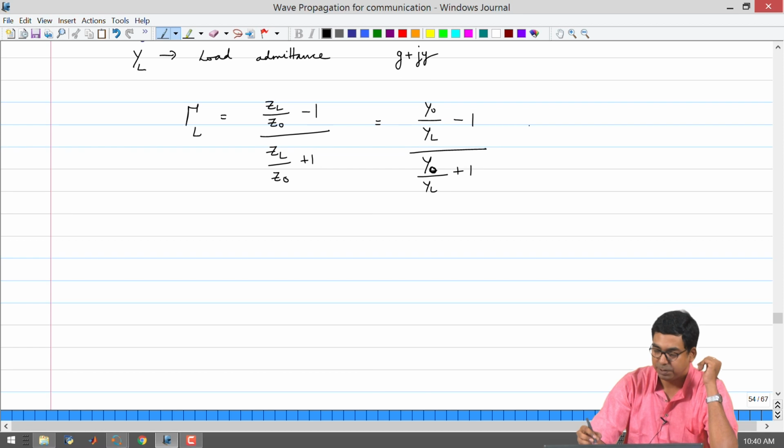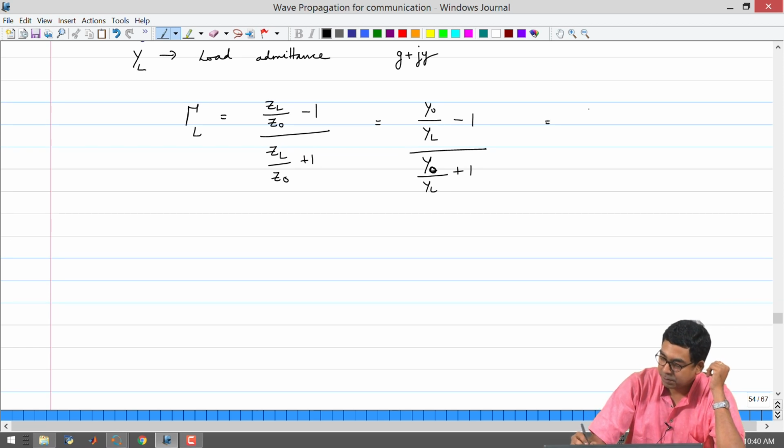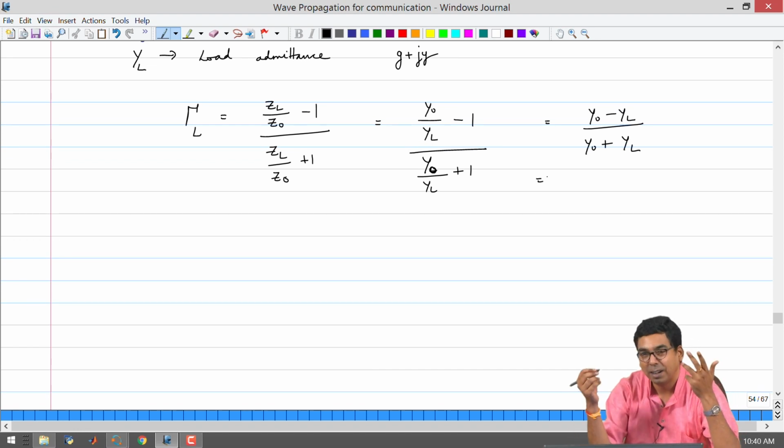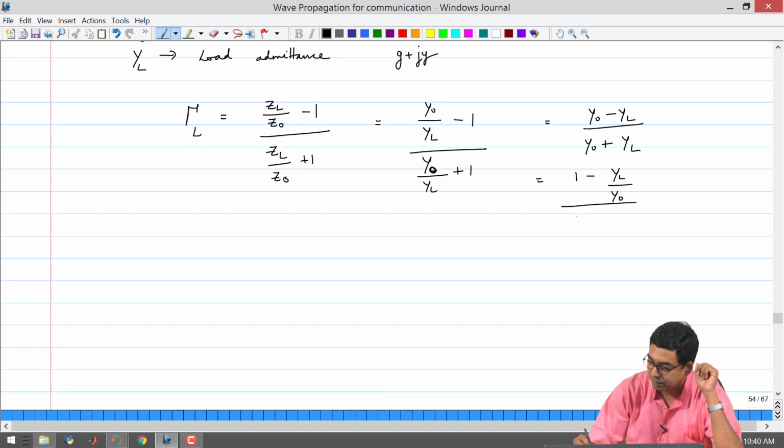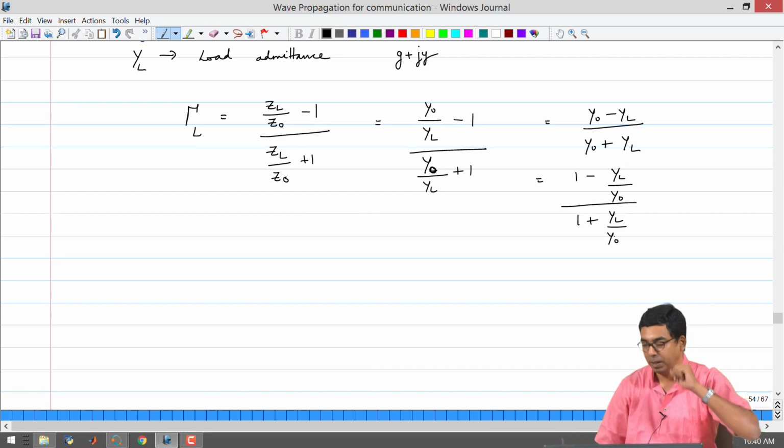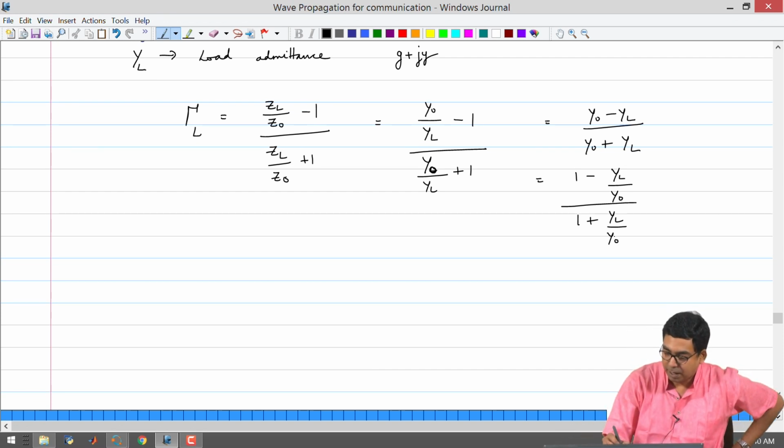We could simply write this as (Y naught minus YL) divided by (Y naught plus YL), and then divide by Y naught to make our life simpler for the normalization process. That will look like (1 minus YL by Y naught) divided by (1 plus YL by Y naught), and the normalized admittance you can call YL bar.